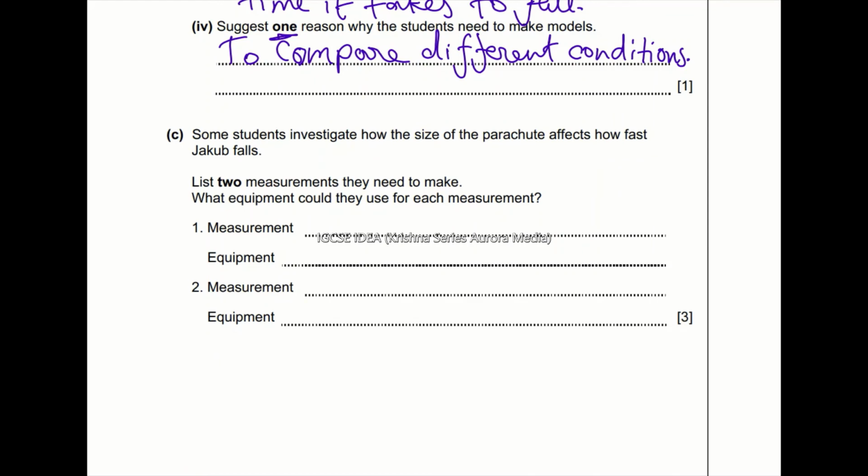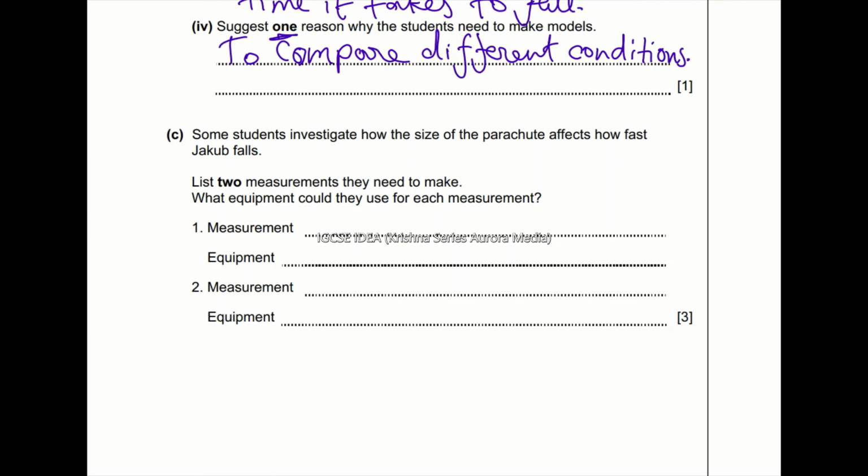C. Some students investigate how the size of the parachute affects how fast a cube falls. List two measurements they need to make. What equipment could they use for each measurement? Well, they can use a ruler or a weighing machine for mass and many other ideas.